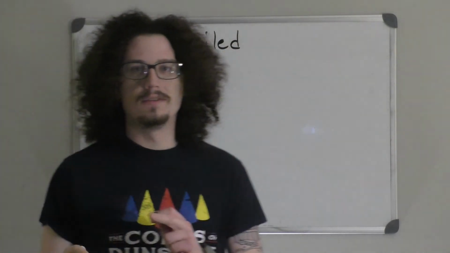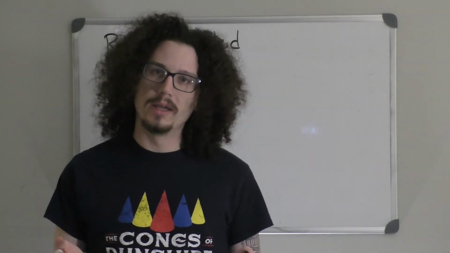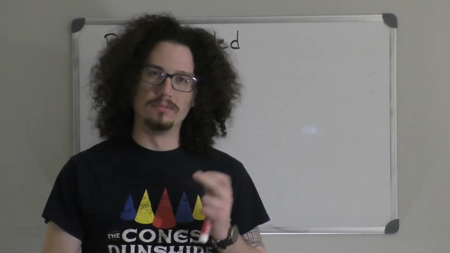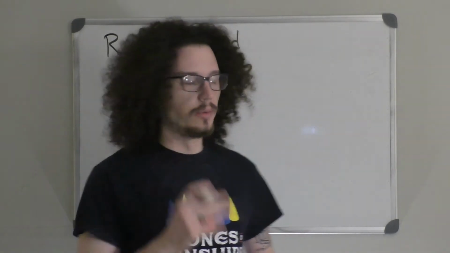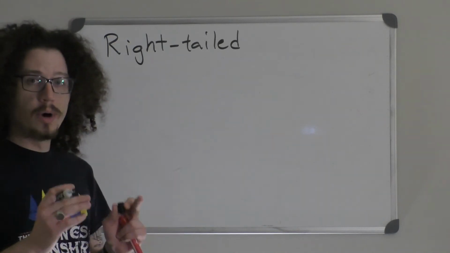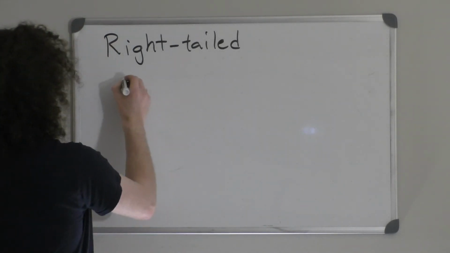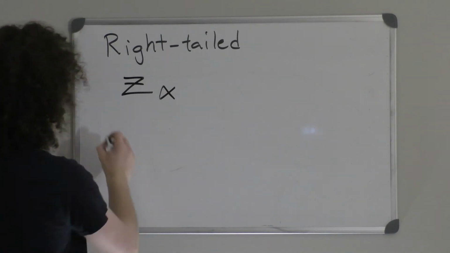All right, so for our right-tailed and left-tailed test, you're gonna find the critical value the exact same way. It's just you're gonna have to make some modifications as needed, and we'll see what we mean by that. For both right and left-tailed tests, what we want to look for is z alpha.